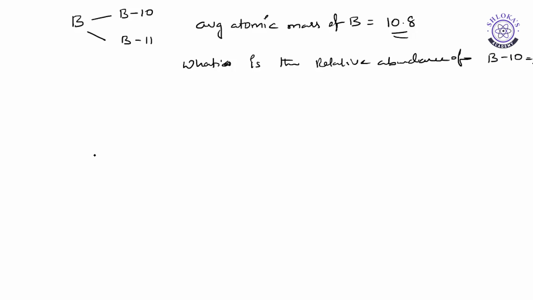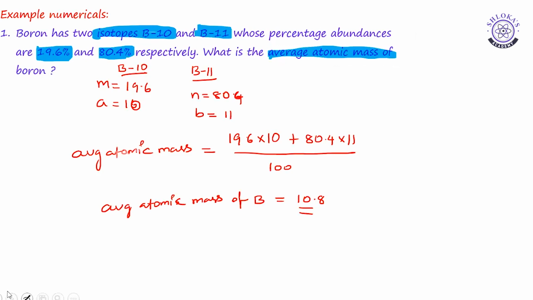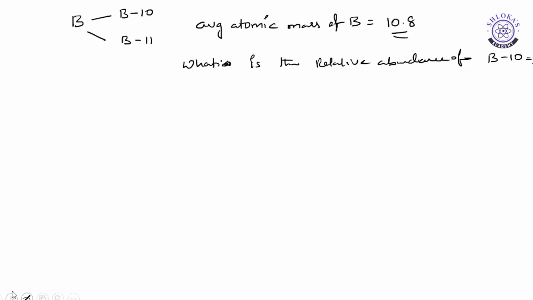In the previous question they gave the relative abundances and you needed to find the average atomic mass. In this question they give the average atomic mass and we need to find the relative abundance of a particular isotope. Means reverse. The question they can ask like that also.